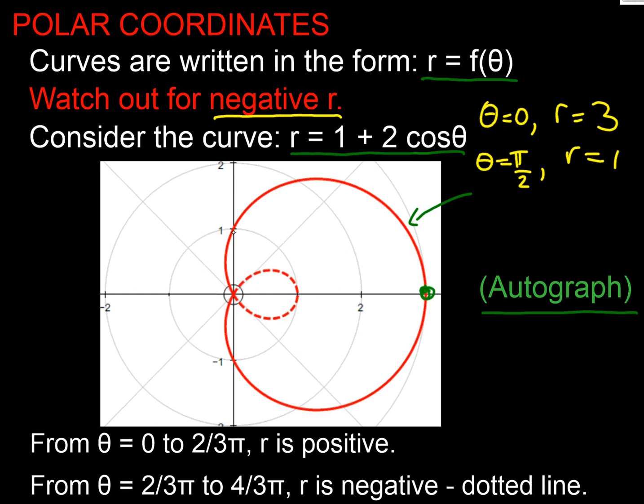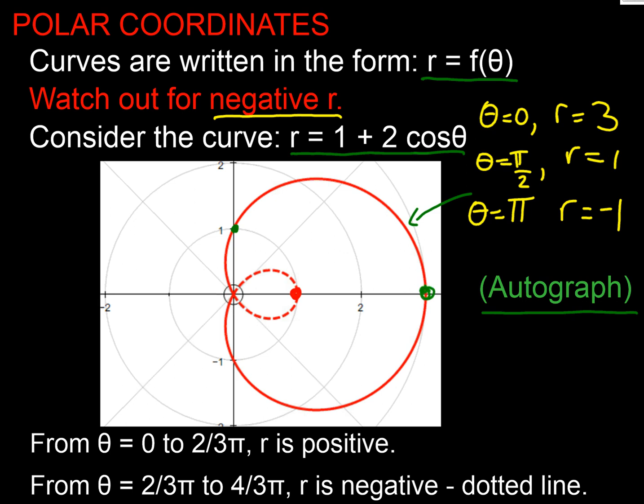So I have this point over here. Here we go. Now if I make theta equal to pi, well, cos theta is now going to be negative 1, isn't it? Cos of pi is negative 1, so r is going to be negative 1. So I've got a problem now, haven't I? Because I said that I don't want to have negative r values. But that's that point there. Okay?